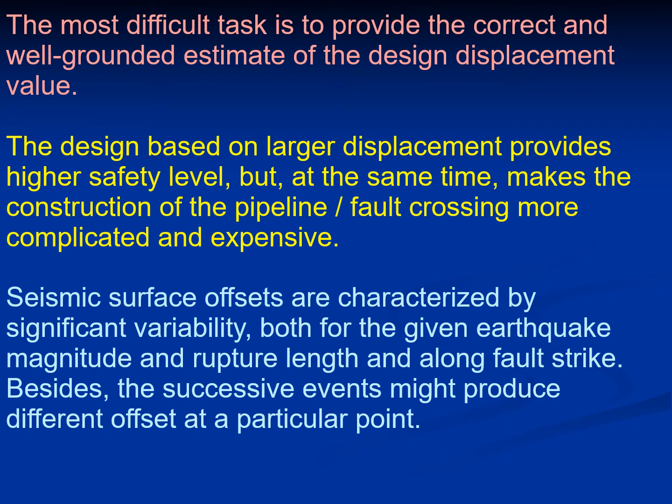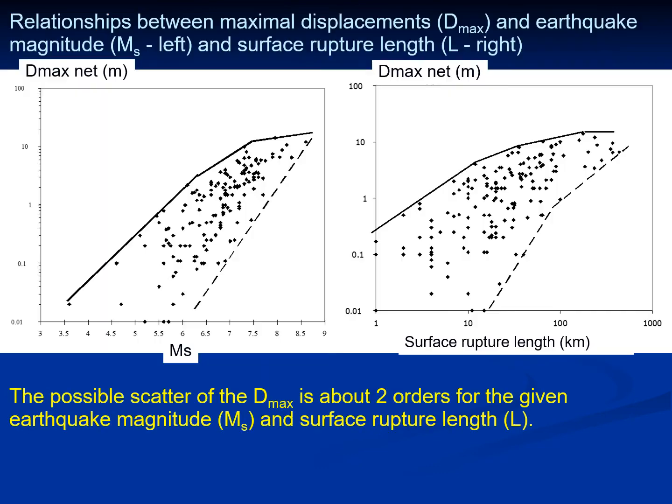The problem is that seismic surface offsets are characterized by significant variability, both for the given earthquake magnitude and rupture length, along fault strike. Besides, successive events might produce different offsets at a particular point as well. Here we can see plots demonstrating relationships of maximal displacement.